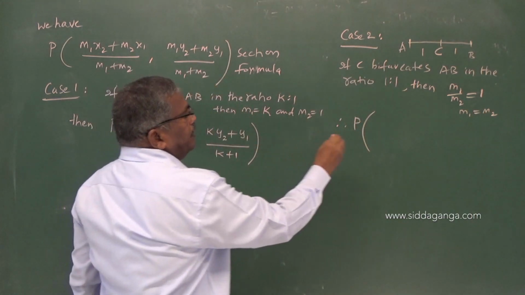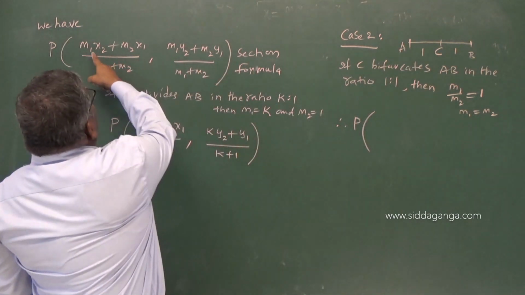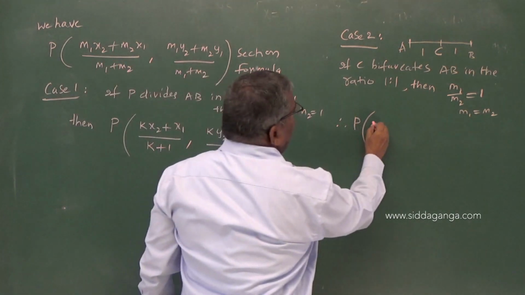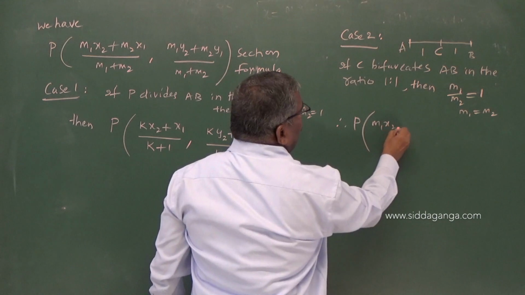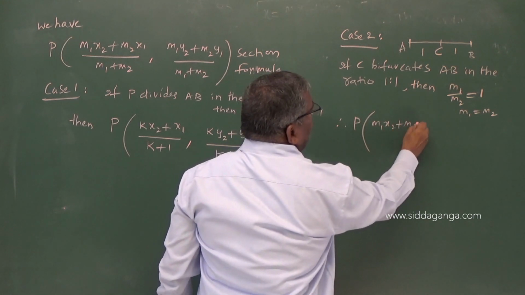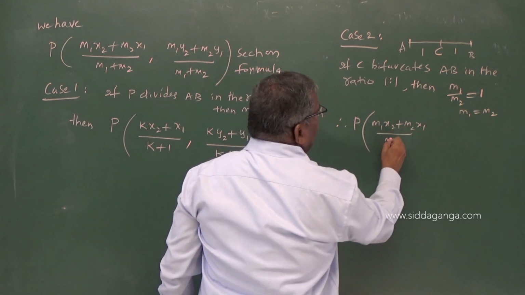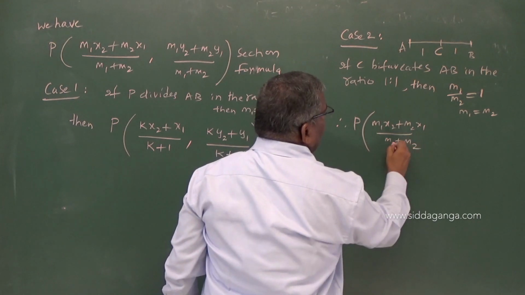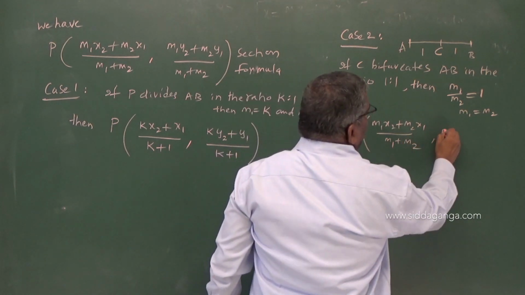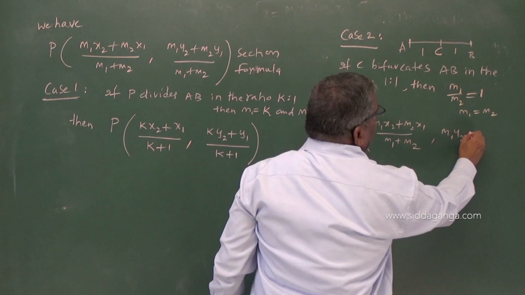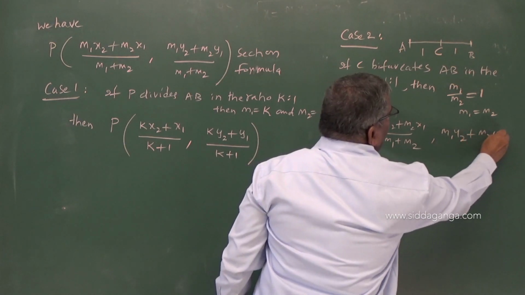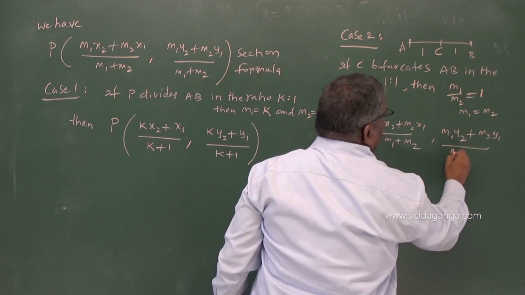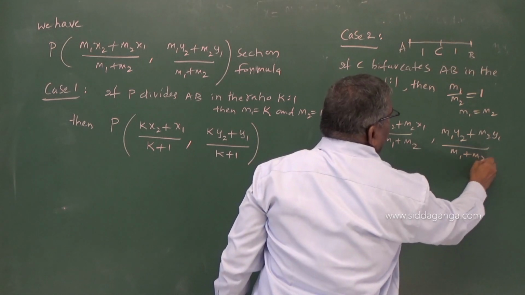Now we observe here, the original formula is (M1 x2 plus M2 x1) divided by (M1 plus M2), and (M1 y2 plus M2 y1) divided by (M1 plus M2).